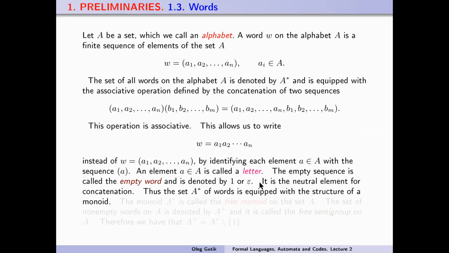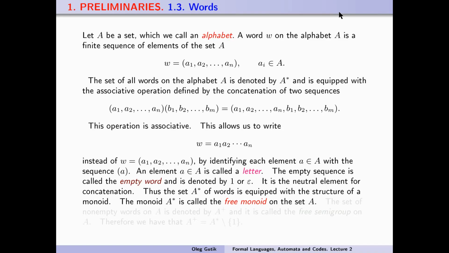So if we have an alphabet A capital, then the set A capital star of words is equipped with the structure of a monoid, with such structure. And the monoid A capital star is called the free monoid on the set A, or the free monoid over the set A. It is obvious that in our definition the alphabet must be a non-empty set.